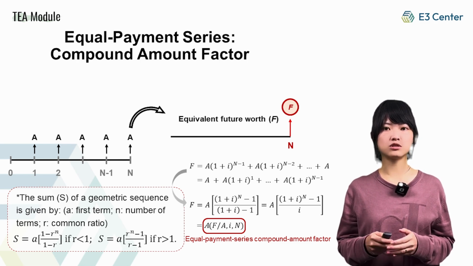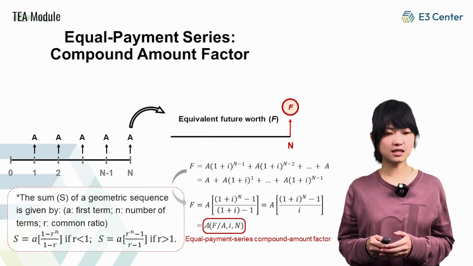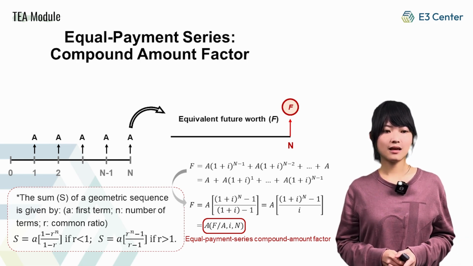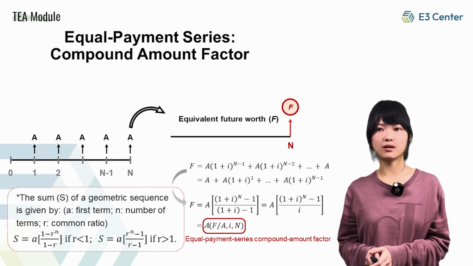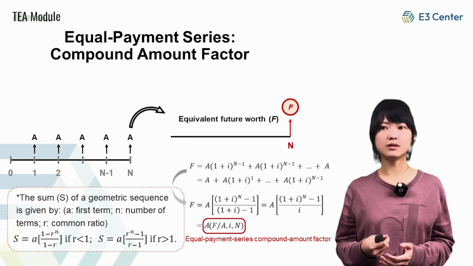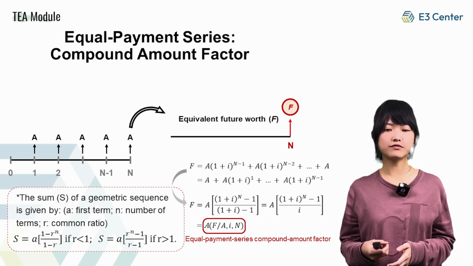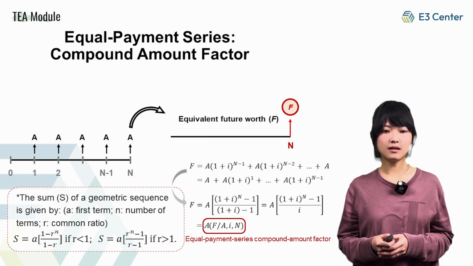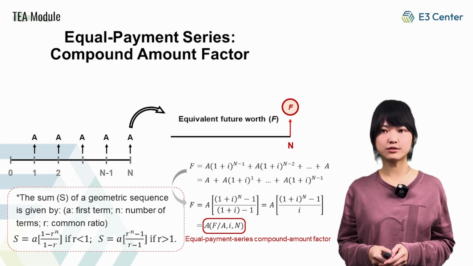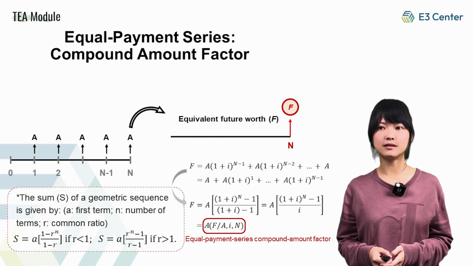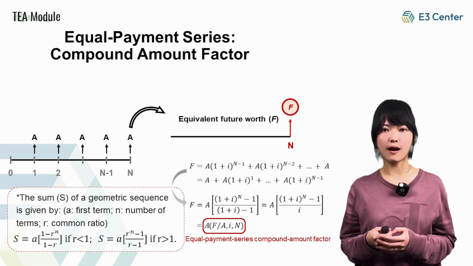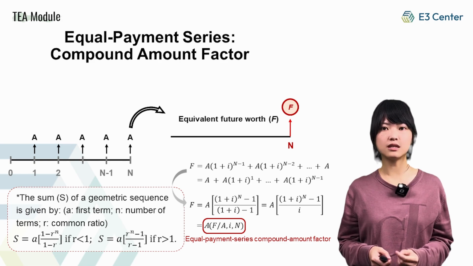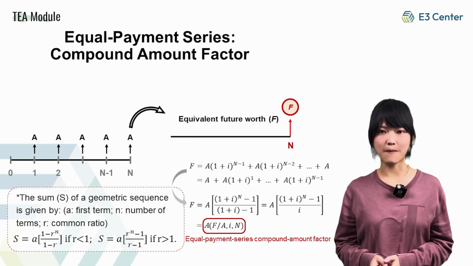The sum of a geometric sequence is given by the box shown here. And we can apply this to our cash flow scenario. Then we can simplify the future value formula using the compound amount factor formula. This equation efficiently captures the future worth of an annuity considering the compounding effect, turning a series of equal cash flows into a single future sum.